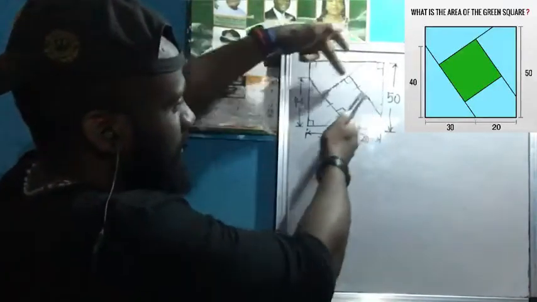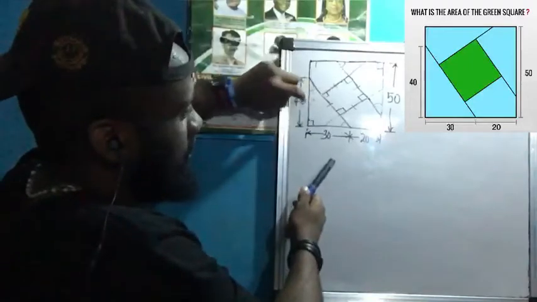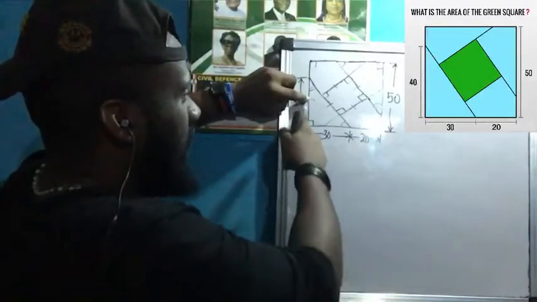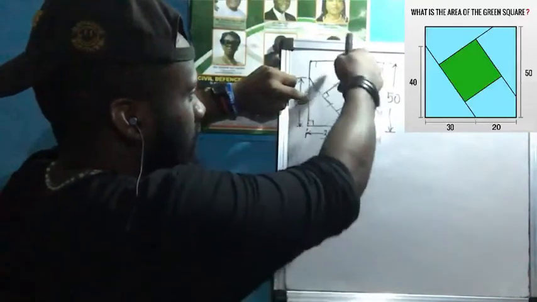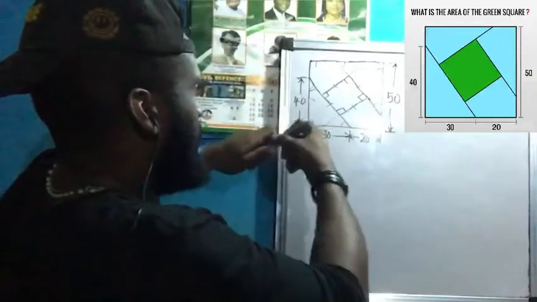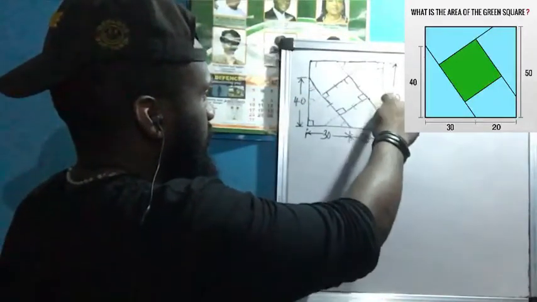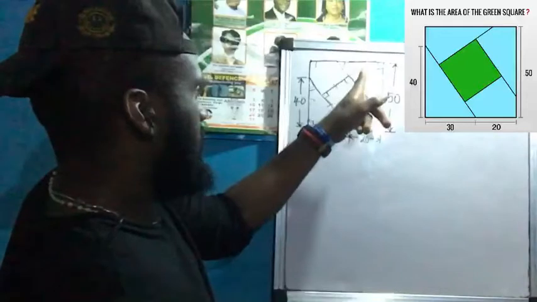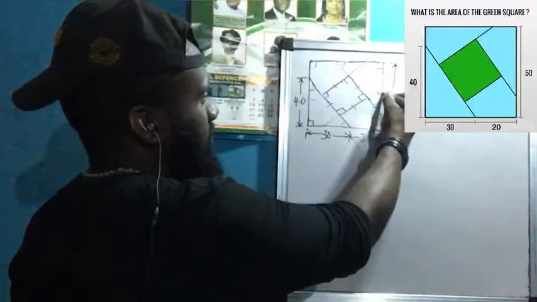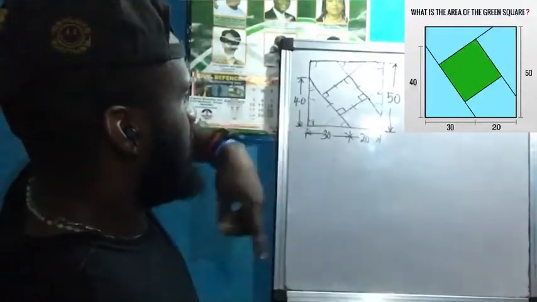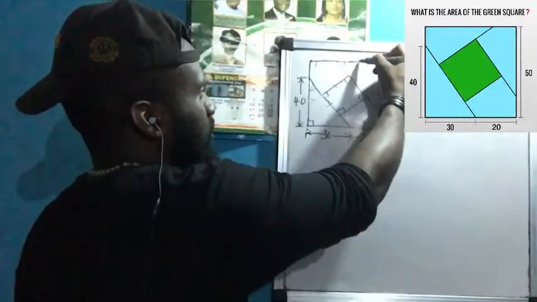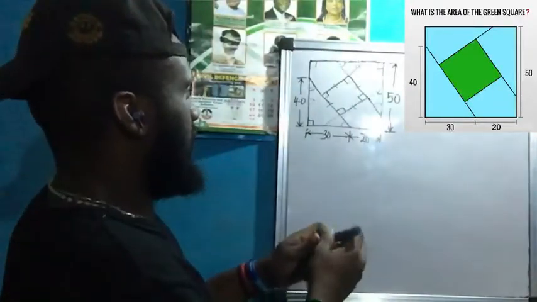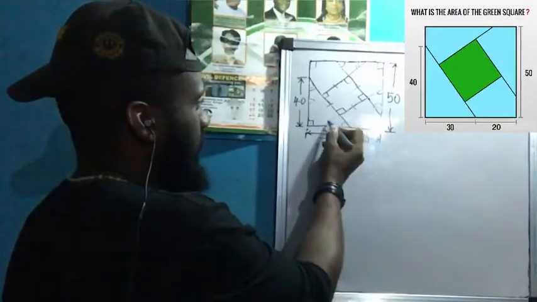Then going to this other pair, the angle this one makes with the vertical should be the same as the angle this other one makes with the horizontal, meaning that the angle this other one makes with the vertical, which is this, should be the same as the angle this one makes. Yeah, so we've gotten it right now. Then this one is marked double, just like this one too will be marked double.